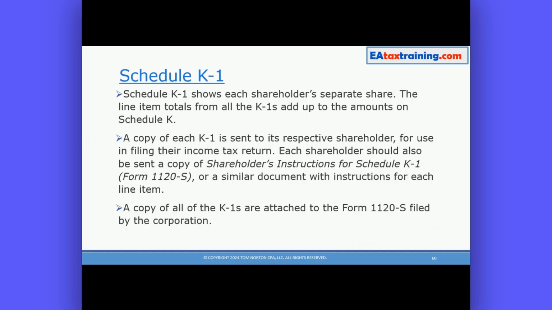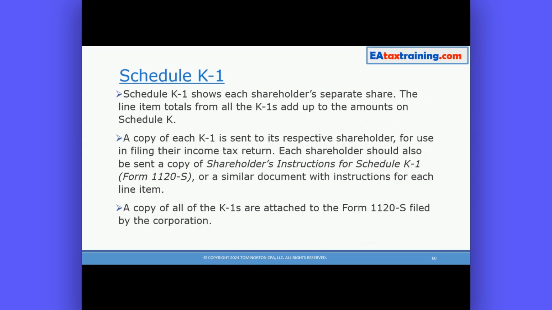Schedule K1 then shows each shareholder's separate share of those items on Schedule K. The line item totals from all of the K1s will add up to the amount on Schedule K, and then a copy of each K1 is sent to each respective shareholder for use in filing their own income tax return.